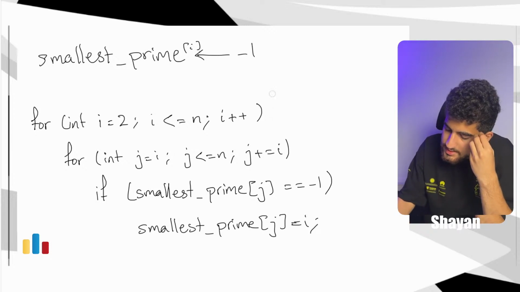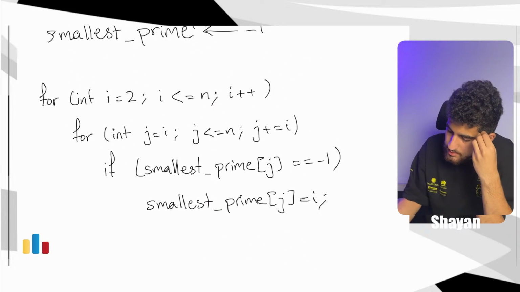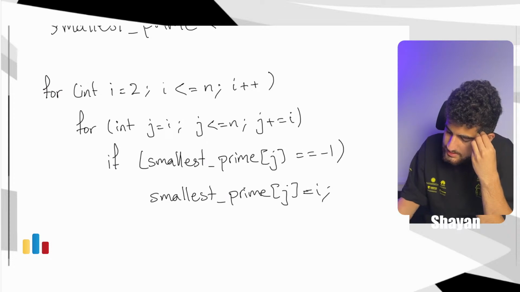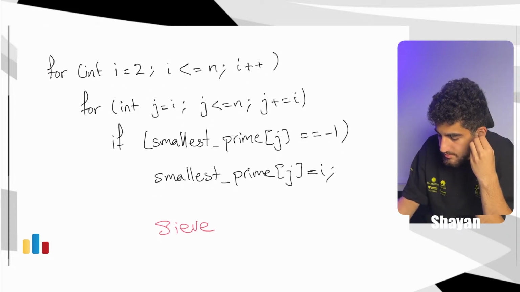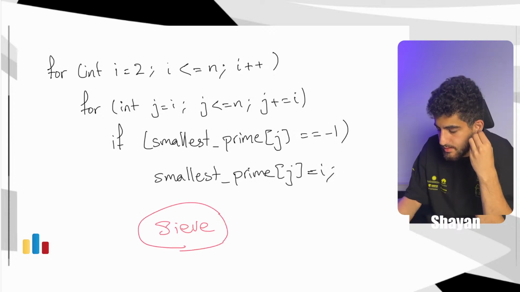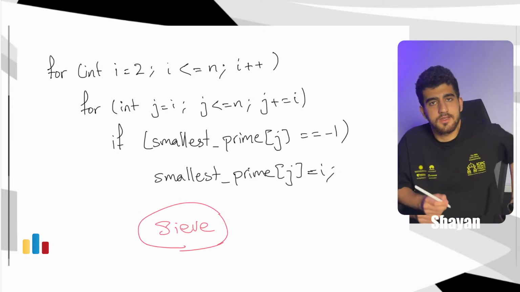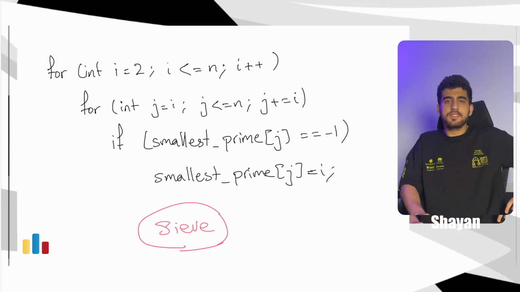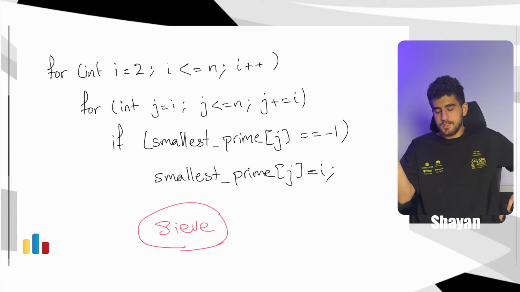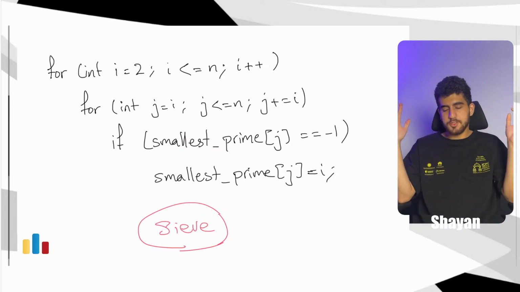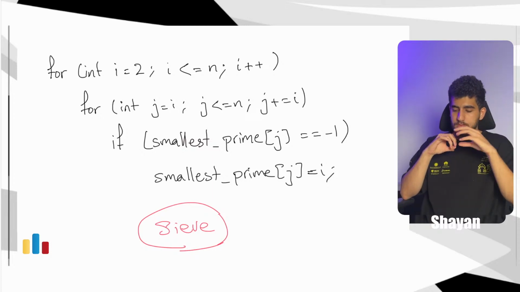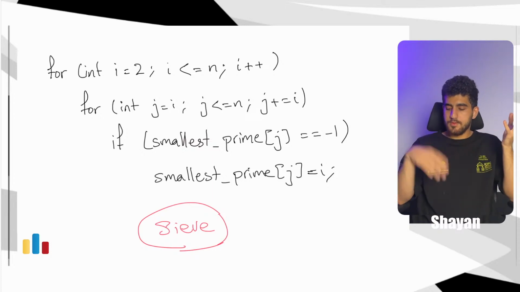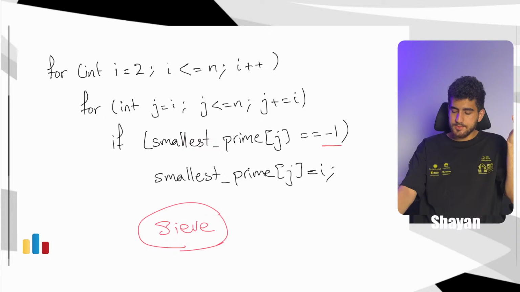So you can see how sieve, this is still sieve, can also solve some more challenging problems as well. You can use it to find the smallest prime factor of a number. You have a for i from 2 to n, and a j from i to n. And if the smallest prime of j was still -1, it means that it is not set.